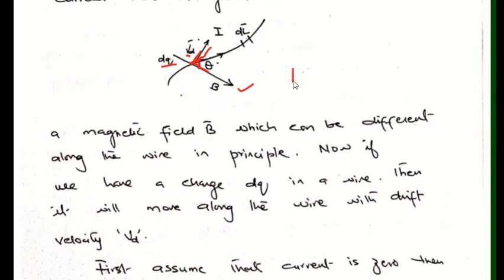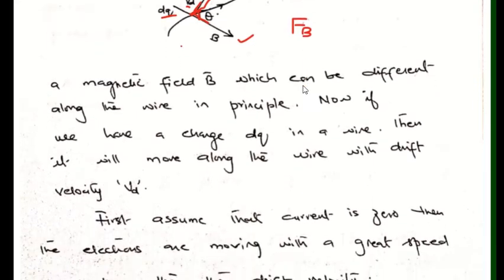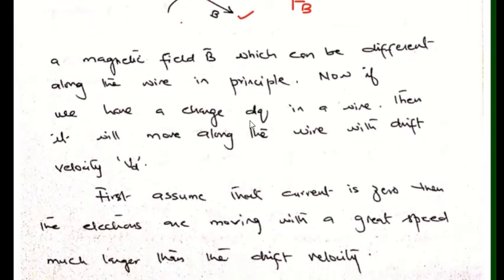So now we again want to find the magnetic force on this wire, which is being placed in a uniform magnetic field. We have a charge dq in a wire, and this charge is moving with a drift velocity vd.